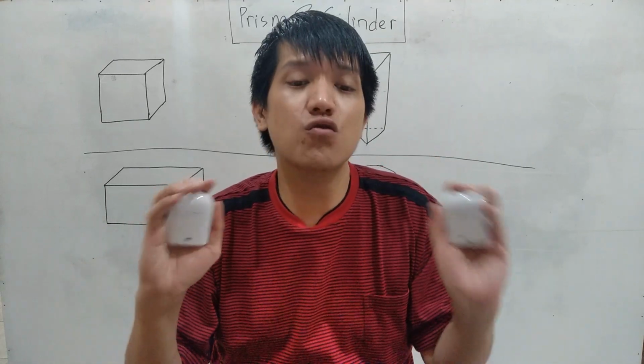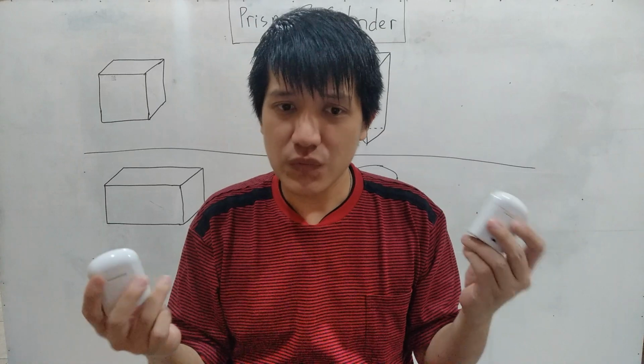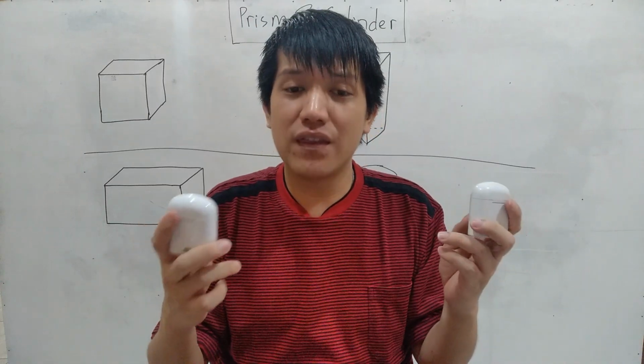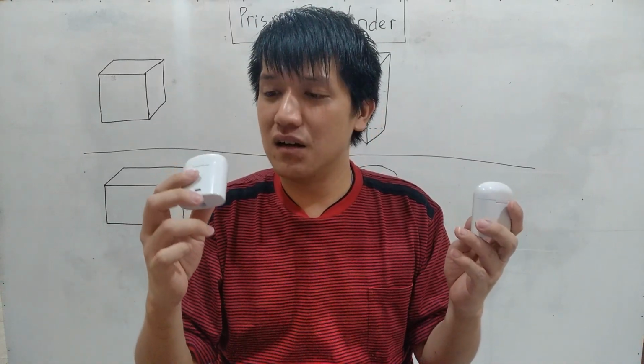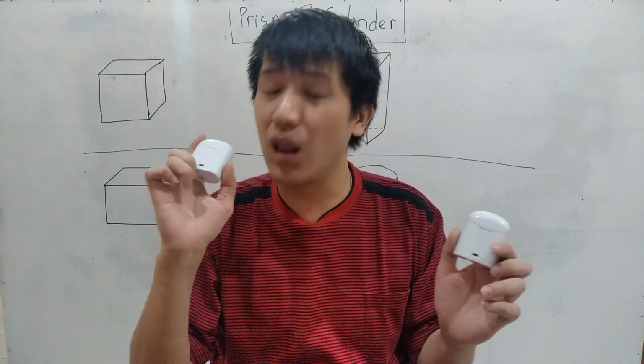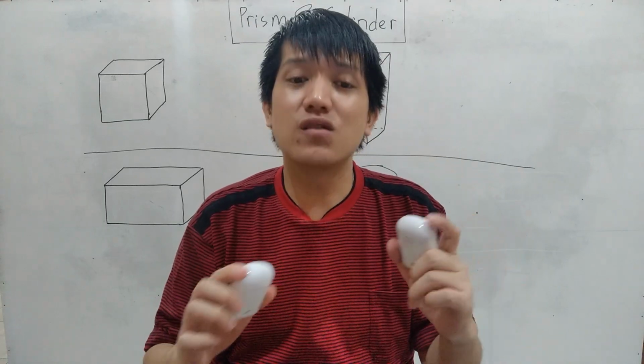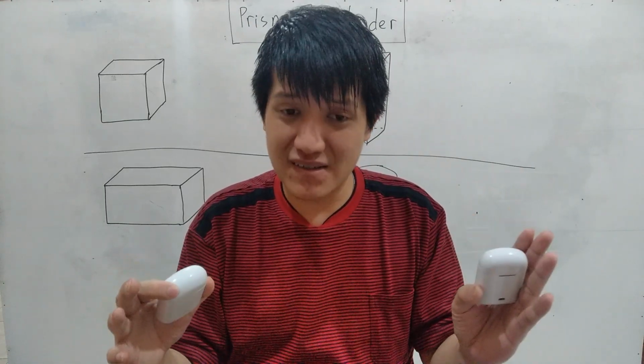And I fill these two boxes full. Which box do you think is heavier? Well, obviously the box filled with stone or iron will be a lot heavier than the box filled with feather, right? So that's when we are talking about mass.